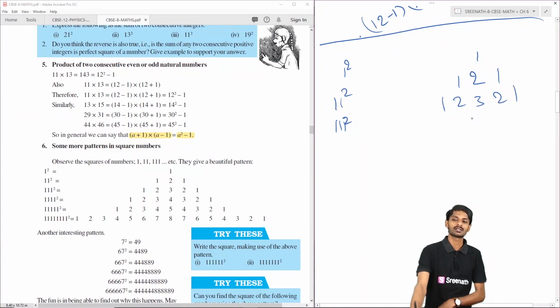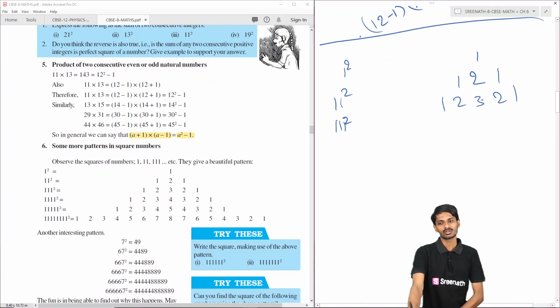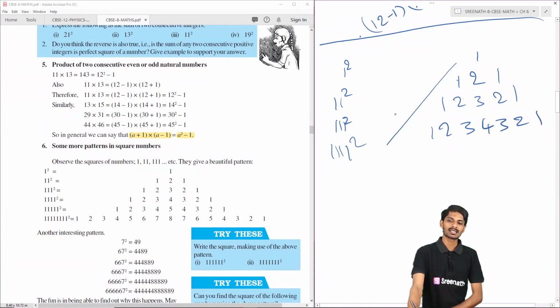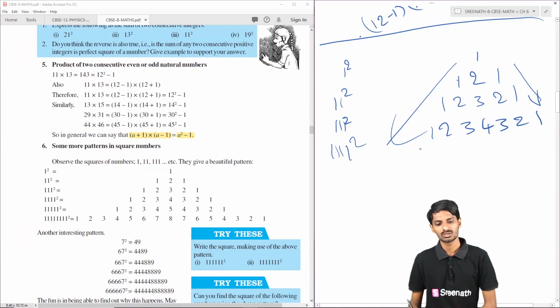How can I remember it? Simply write this pattern 1 2 3 2 1, and if you want the next square, you can write 1 2 3 4 3 2 1. So it is very easy and very beautiful.